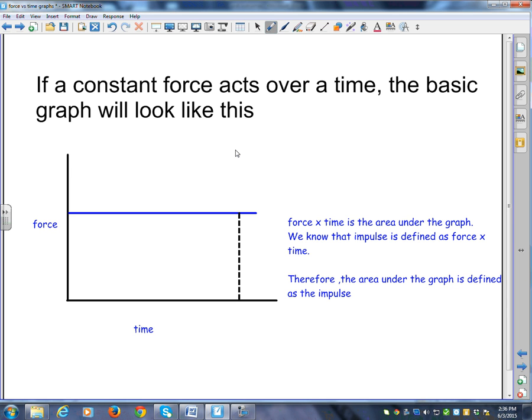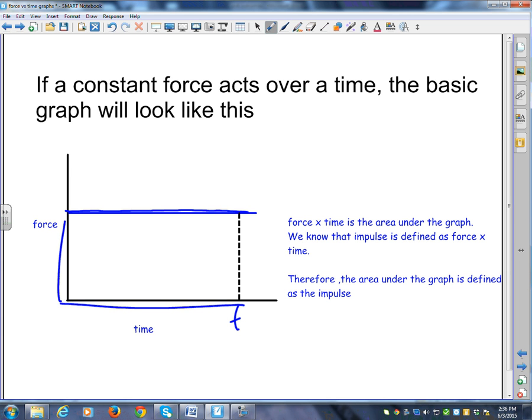If a constant force acts over time, and I think your graph needs to be filled in, right? Okay, so if a constant force acts over time, the basic graph will look like this. The force remains constant, doesn't it? And if this is time, force multiplied by time is the area under the graph.